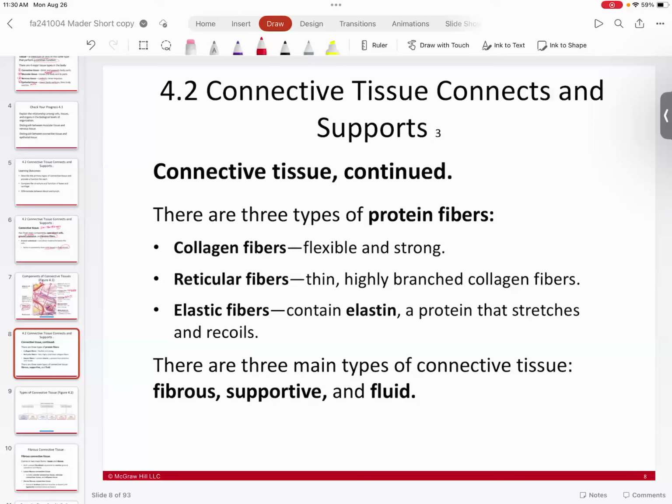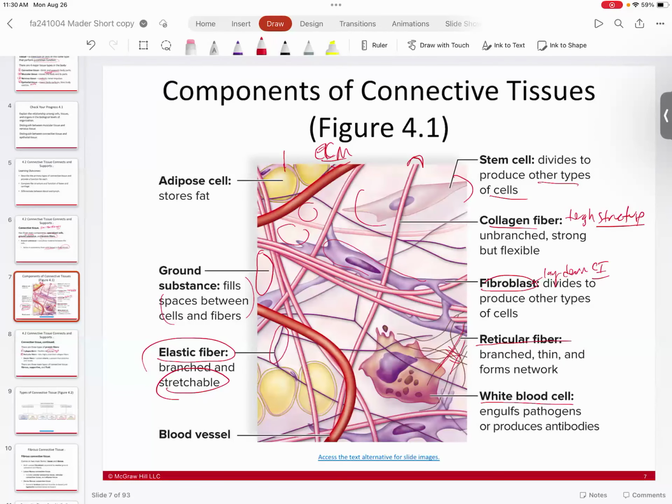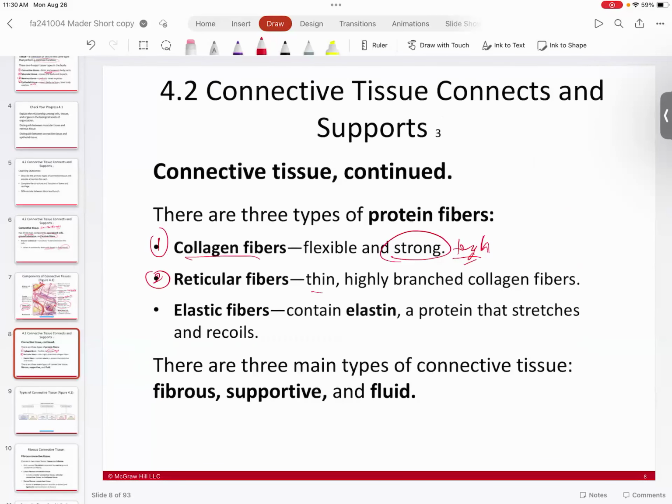When you take a look at your connective tissue, there are 3 main types of protein fibers. The first one is collagen. This is flexible, but it's strong and tough, and this is what you want for structure and for durability. Your reticular fibers, which are the little black ones we saw down here, are typically thin, really branched collagen fibers.